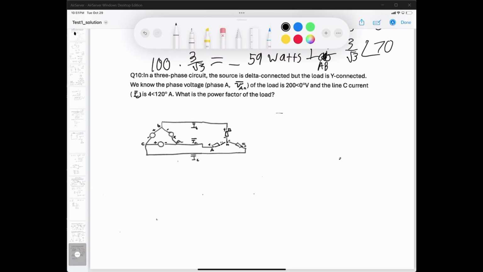And if we want to take this IC line current to phase A, we need to increase its angle, or decrease. I think decrease. Yeah.